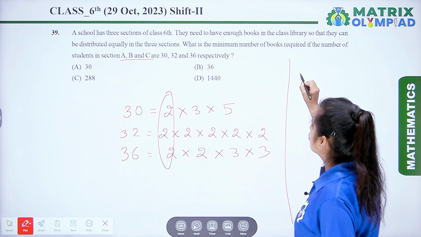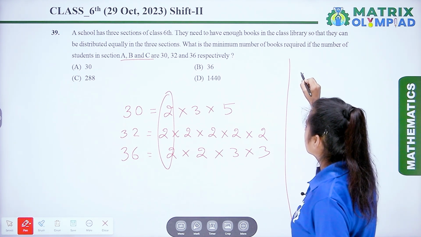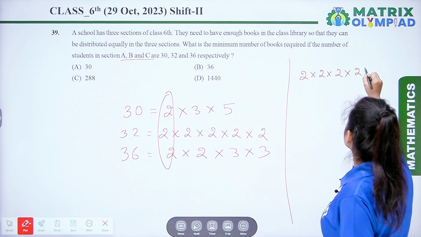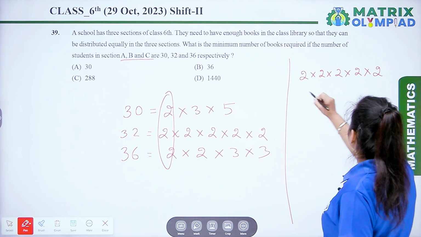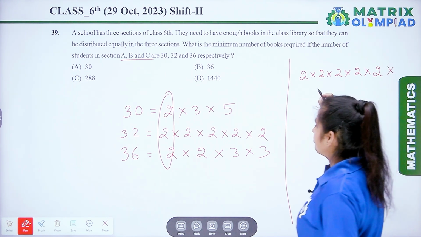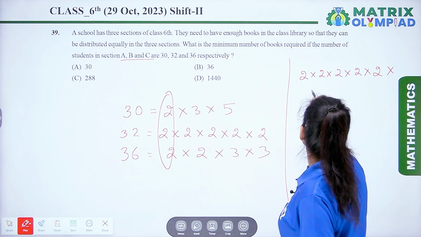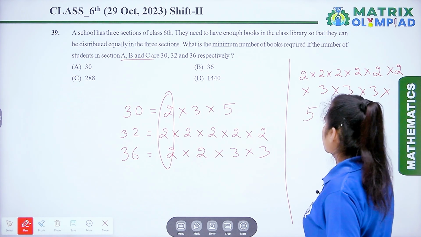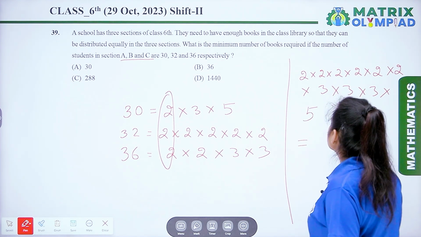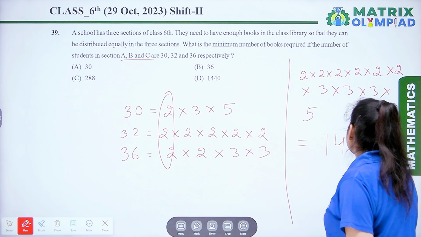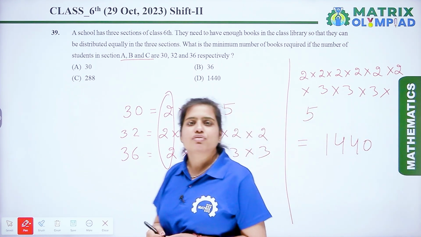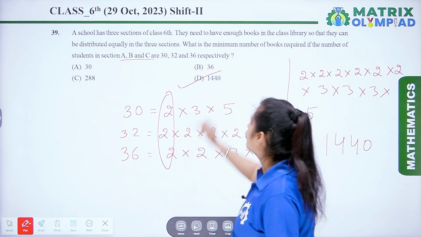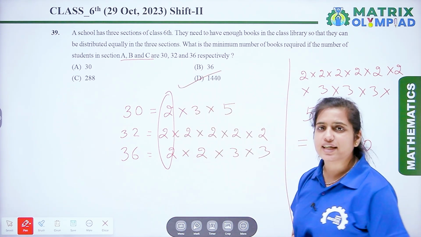So the LCM of these numbers is 2 multiplied by 2 multiplied by 2 multiplied by 2 multiplied by 2 multiplied by 3 multiplied by 3 multiplied by 5, so this is equal to 1440. So the LCM of these 3 numbers 30, 32 and 36 is 1440. So option D is the correct answer.